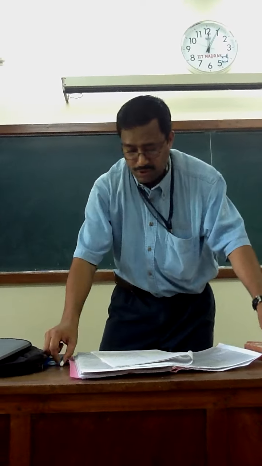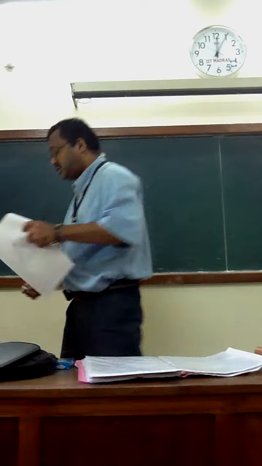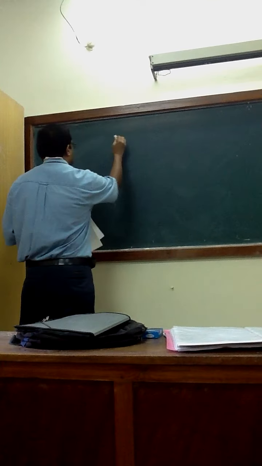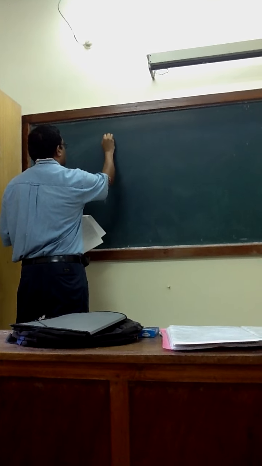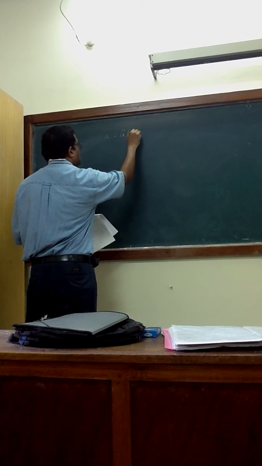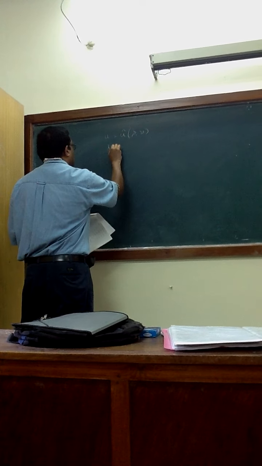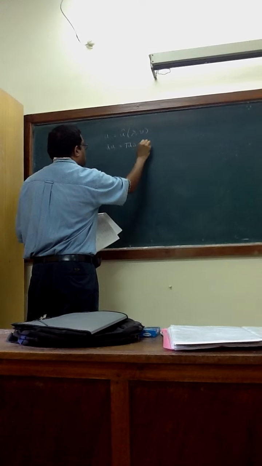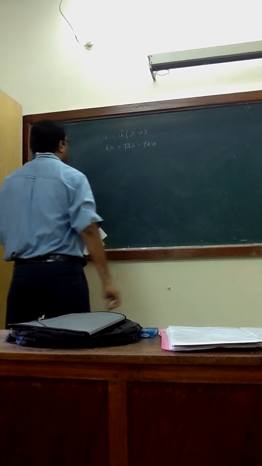Gibbs-Duhem relationship and combine first and second law of thermodynamics. What we have learned so far: U equals U hat (S, V), dU equals TdS minus PdV.